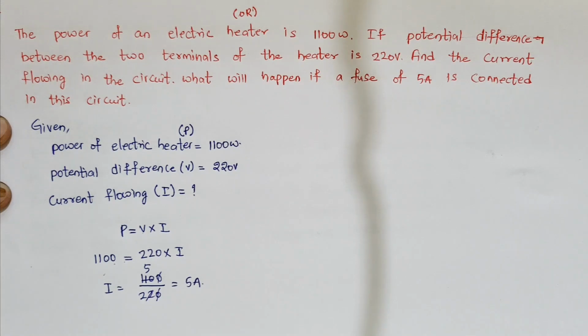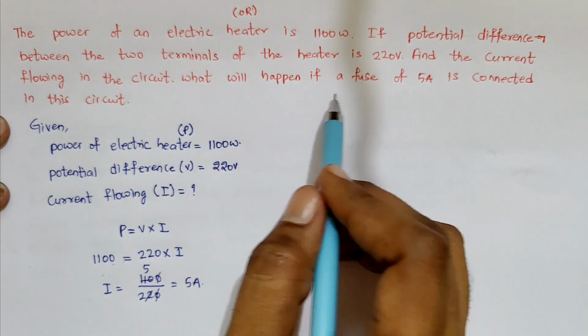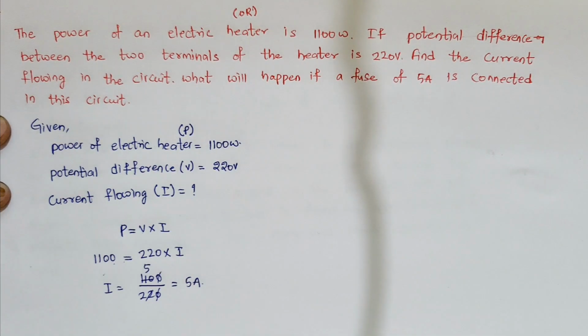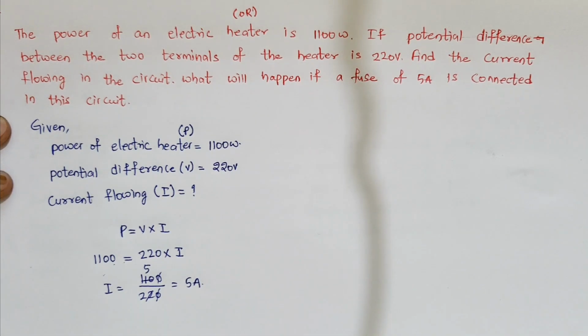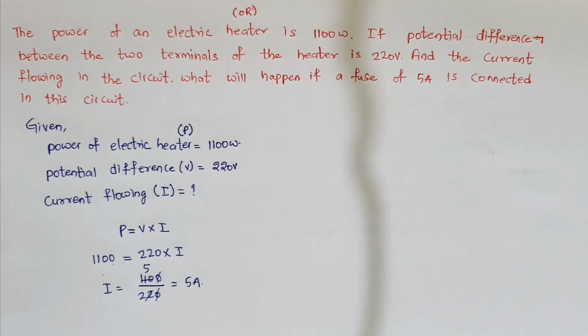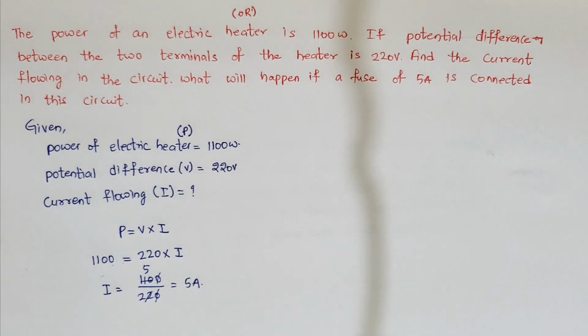So one more question is, what will happen if a fuse of 5 amperes is connected in this circuit? If a fuse of 5 amperes is connected, see, generally we will choose a fuse that is very near to the current in the circuit. So the current in the circuit is 5 amperes now, and if we choose a fuse of 5 amperes only, it will operate safely.